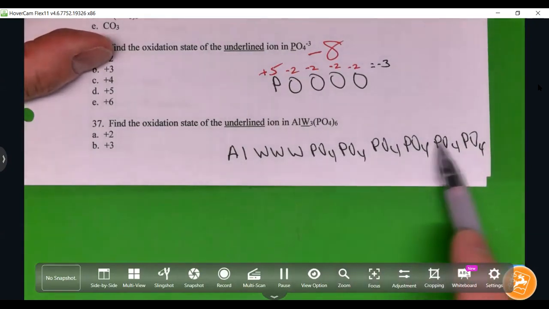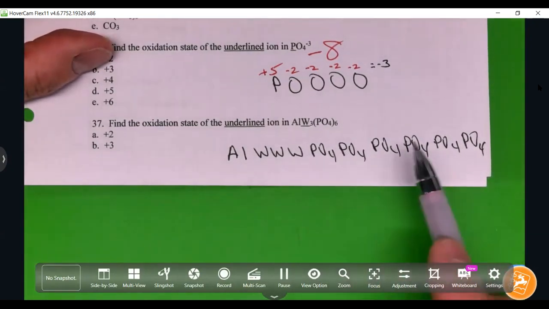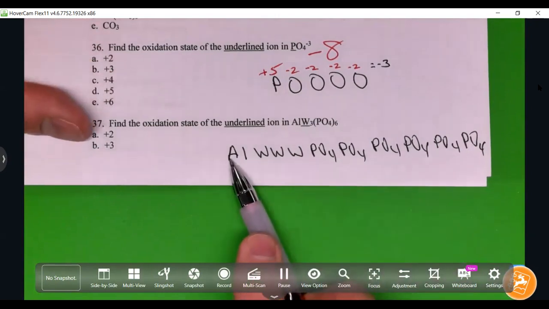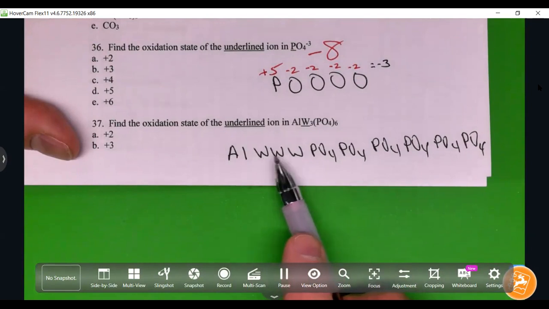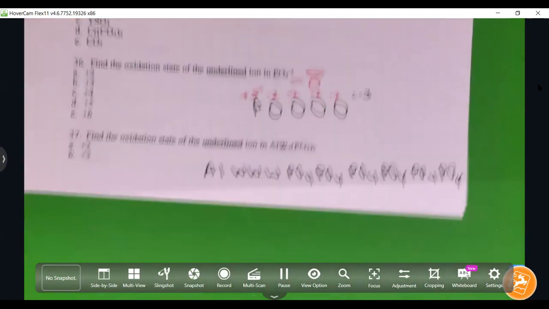You got 6 phosphates. You know the charge of the 6 phosphates. You know the charge of aluminum because it cannot change. So that will allow you to calculate the tungsten. Okay. All right. So that's a little bit of help with that.